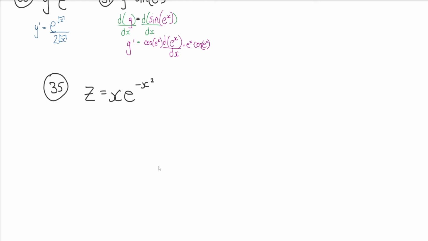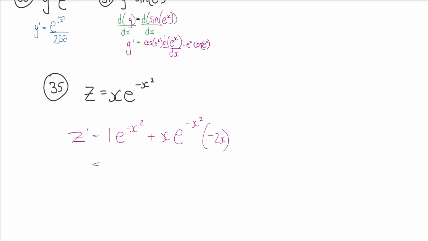Well, we have a product, so z prime is equal to 1 times e to the minus x squared plus x, and now whatever the e to the function is, you put the e to the function again, and then you do the derivative of the inside, which is negative 2x.